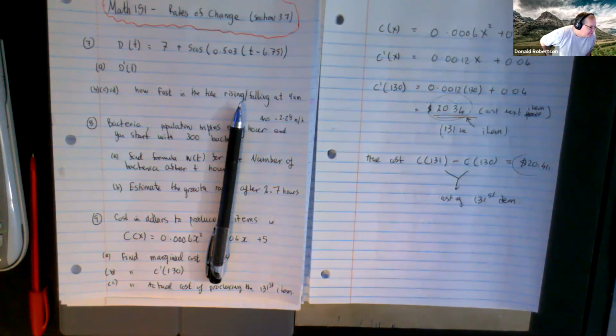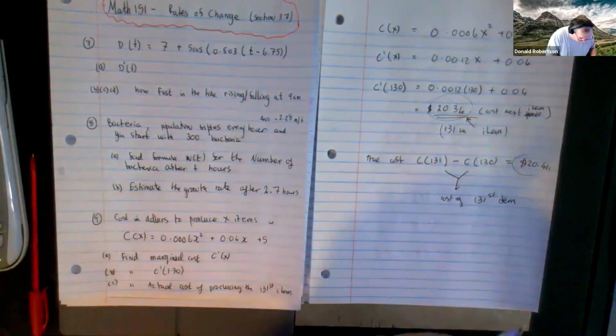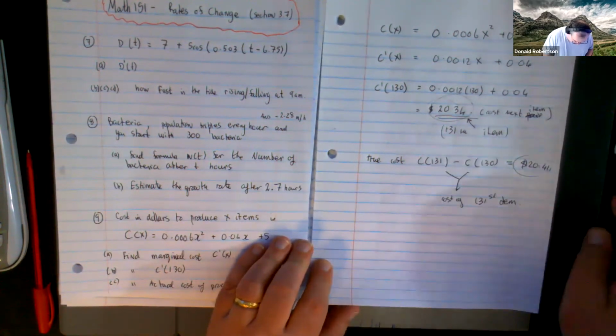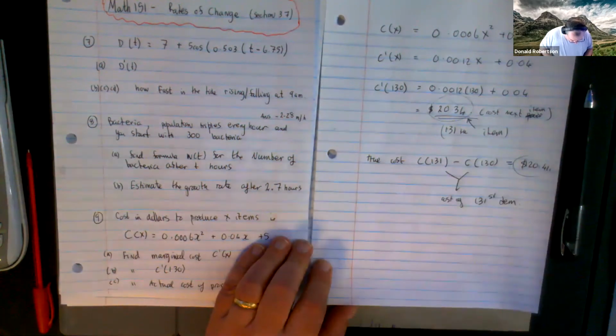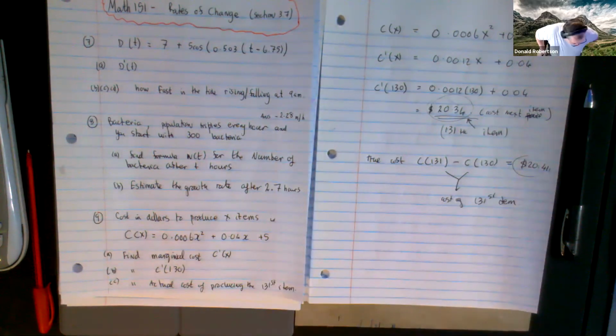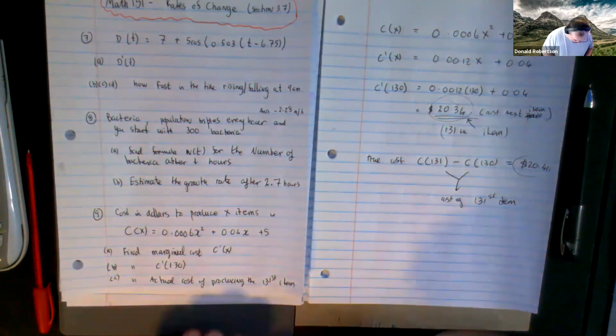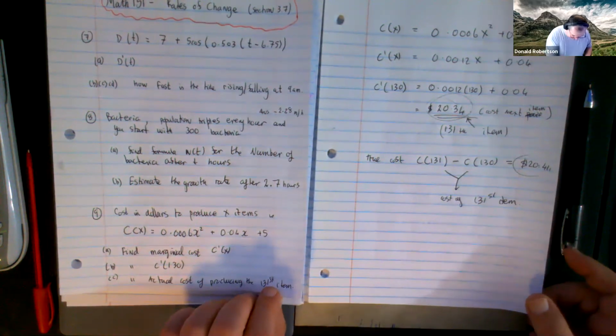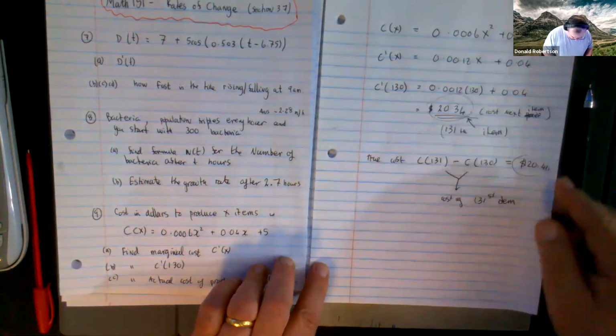The reason is that you paid for all the workers to sit about smoking cigarettes or whatever they did, because they never really produced anything. So the more you produce of an item, the individual cost goes down. It's a very common feature in business that if you can produce more of something, the unit cost will go down. And that's what this is calculating.